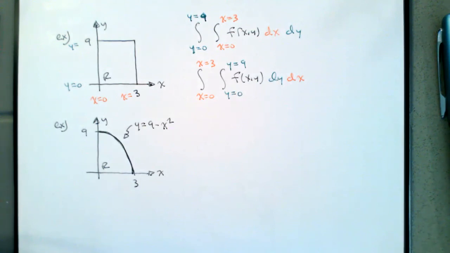Once again, we're not trying to find the area. The point is not to find the area. The point is to describe the region so that I can find a volume if this is the floor and I have some variable height above it.